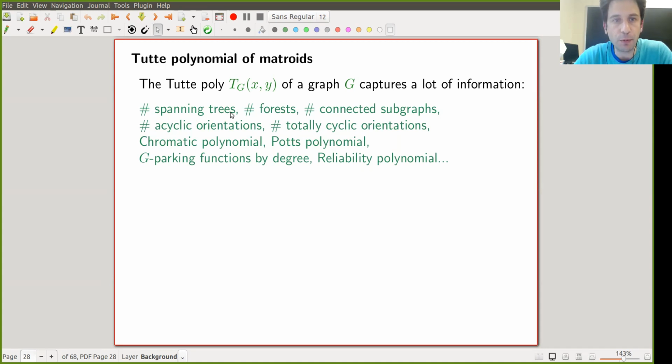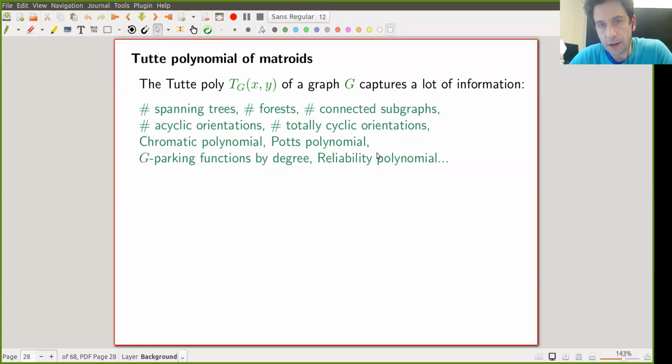For instance, you would be able to deduce the number of spanning trees, the number of forests or connected subgraphs. But you can also get things about orientations, about colorings, and other statistical mechanics types of partition functions. That's why it's an important and well-studied invariant.